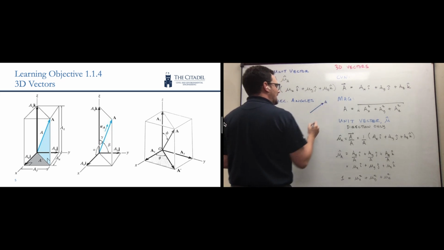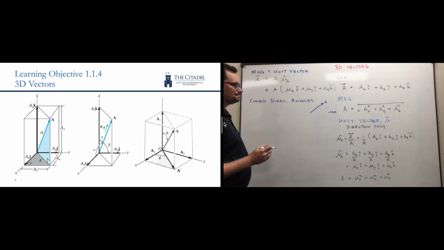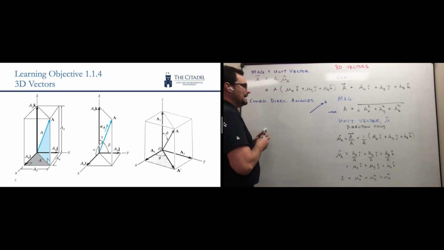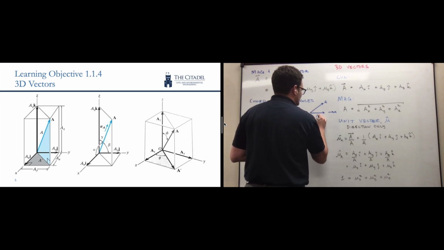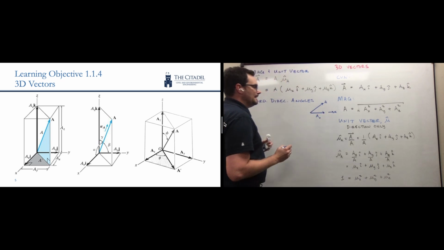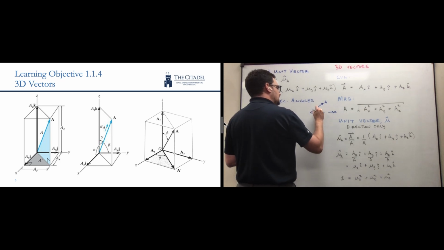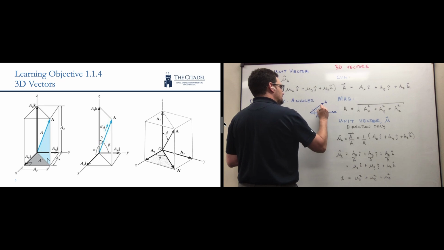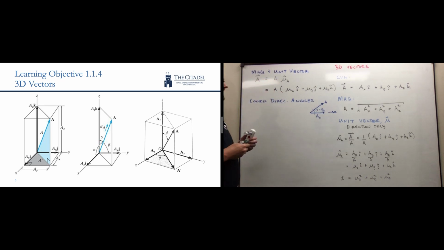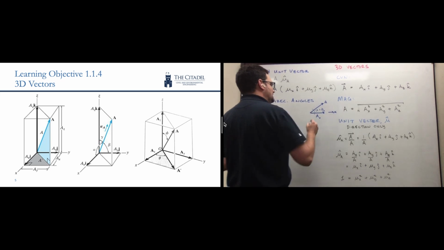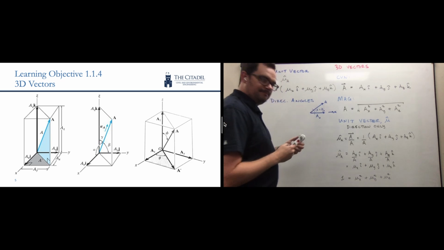So there's my vector A, and this is my x-axis, like so. That means I'm going to have a component here, Ax, and this angle is my coordinate direction angle. Your book uses the notation alpha. The FE reference handbook uses the notation theta x. If we look at this, does anybody see the right triangle?